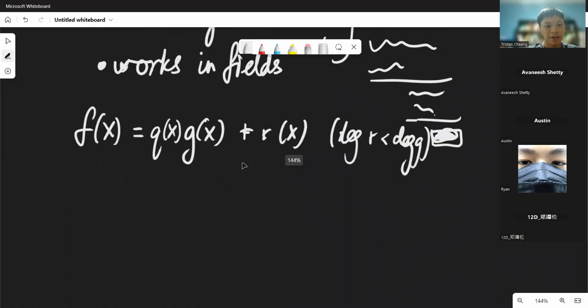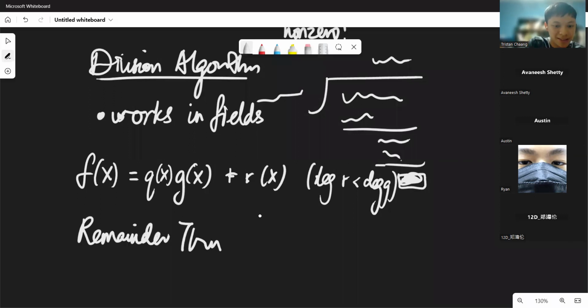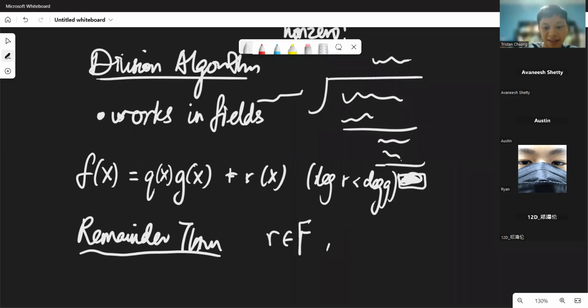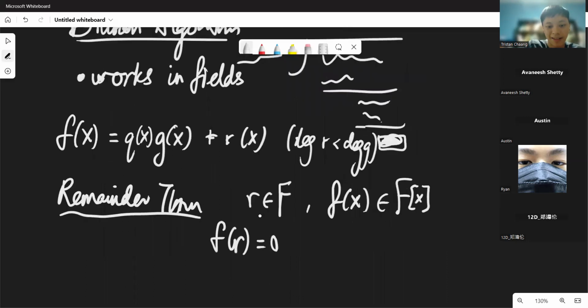What does the division algorithm tell us? The division algorithm gives us this result, the remainder theorem for arbitrary fields. If r is in the set F, and f(x) is a polynomial in the set F[x], and f(r) equals 0, so I substitute x by r.